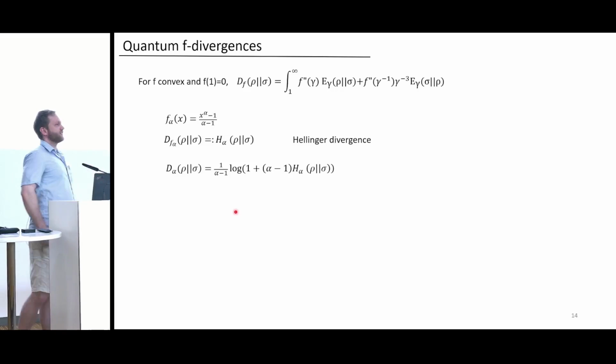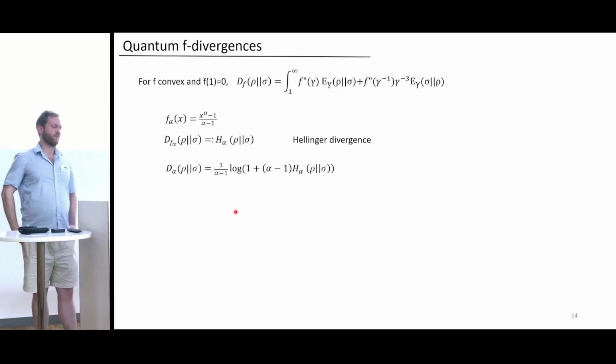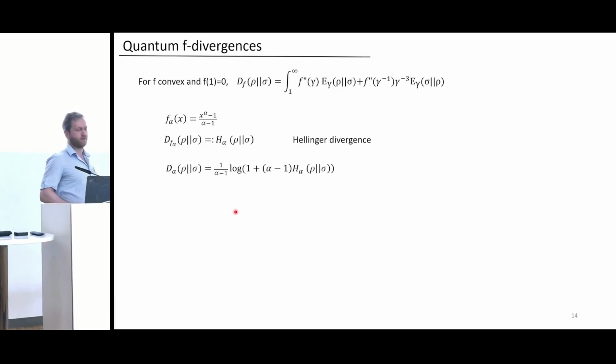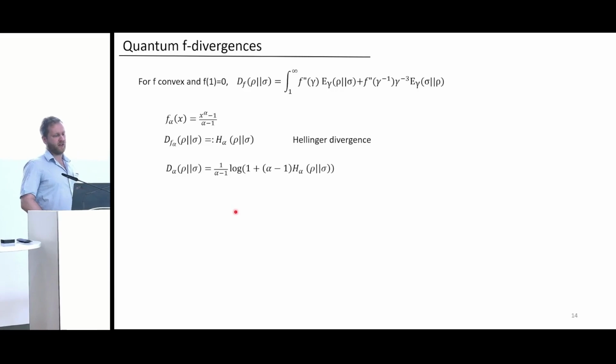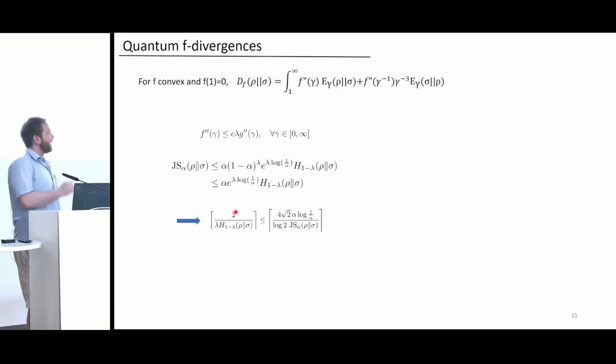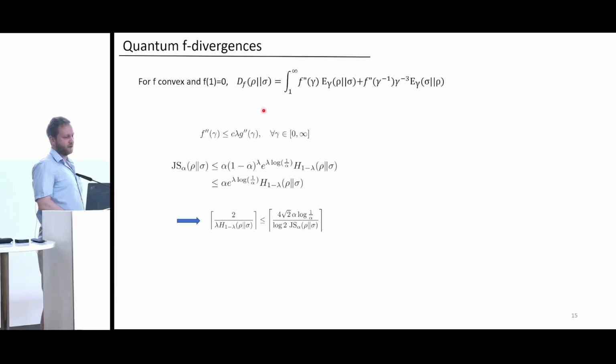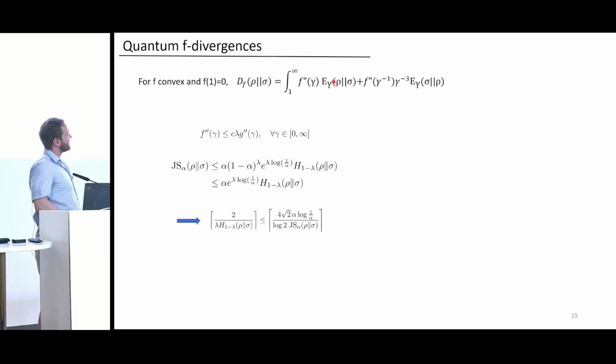Now, one of the first points where using this particular f-divergence helps us a lot is that you can use this representation to prove inequalities between different divergences. What makes these divergences nice is that the function f and the hockey stick part, where the quantum states are, are completely separated.